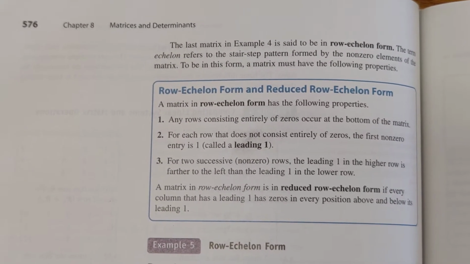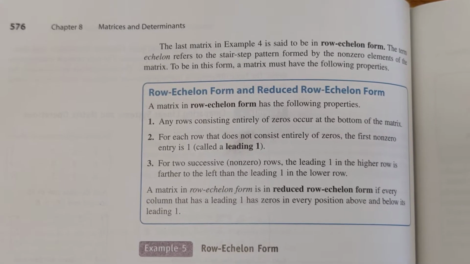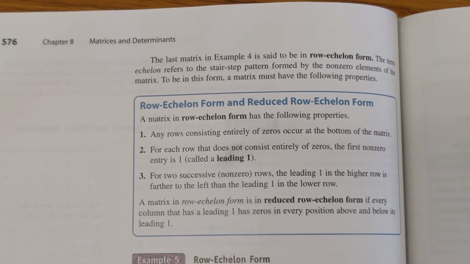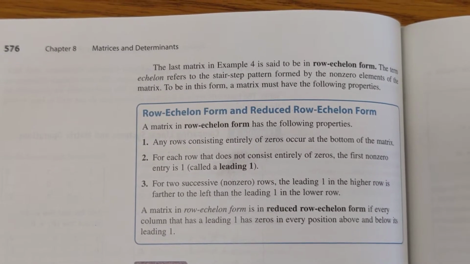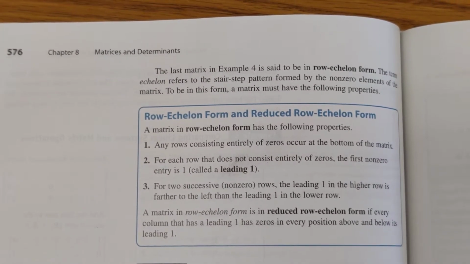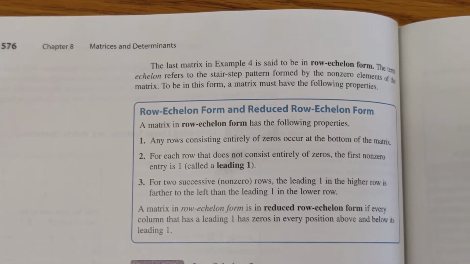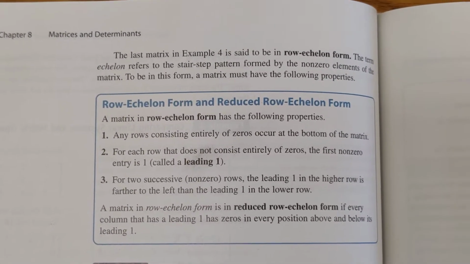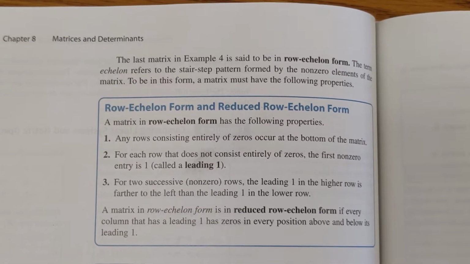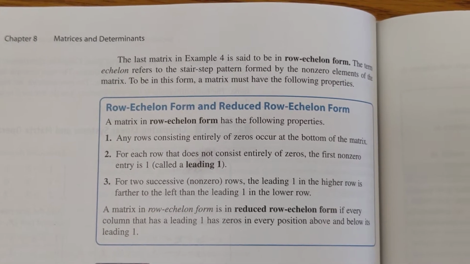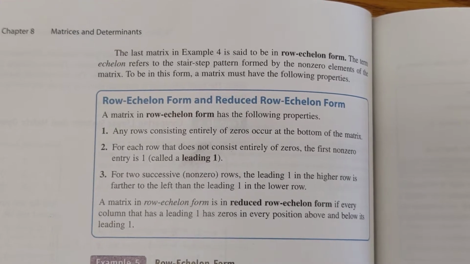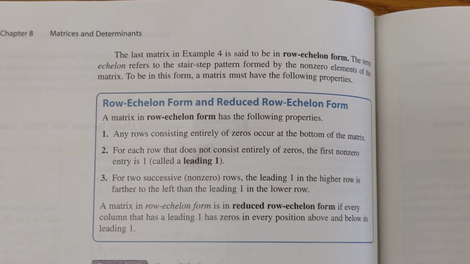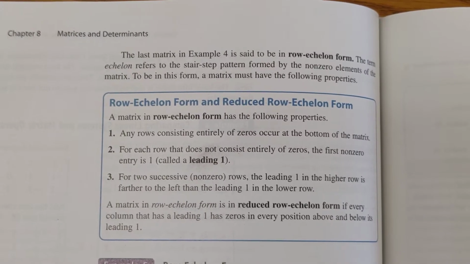For each row that does not consist entirely of zeros, the first non-zero entry should be a 1. Third, for two successive rows, the leading one in the higher row should be to the left of the leading one in the lower row.